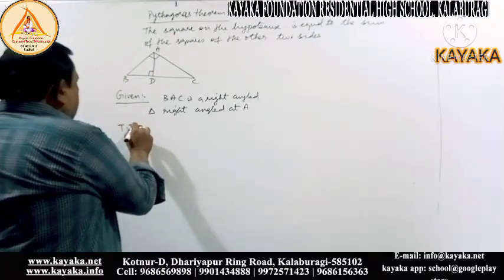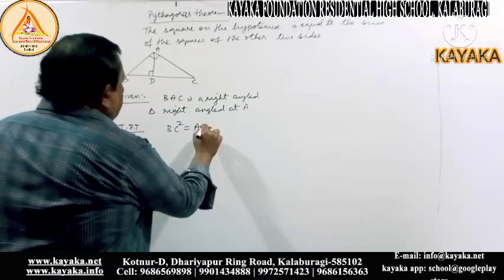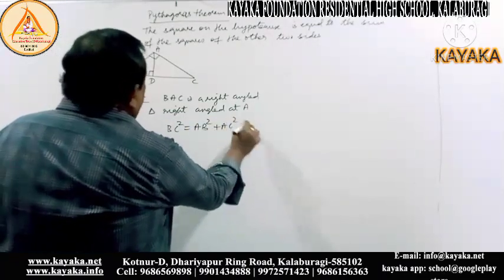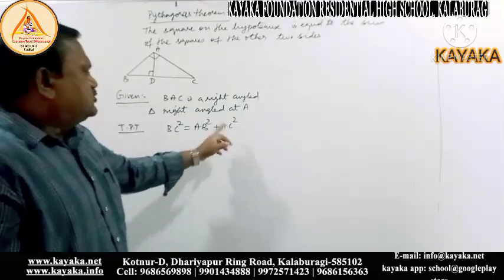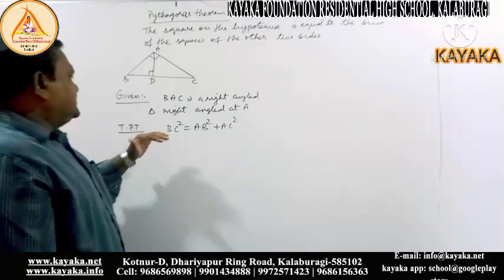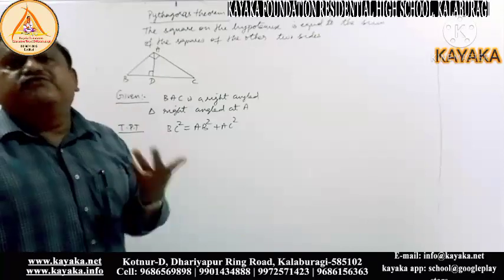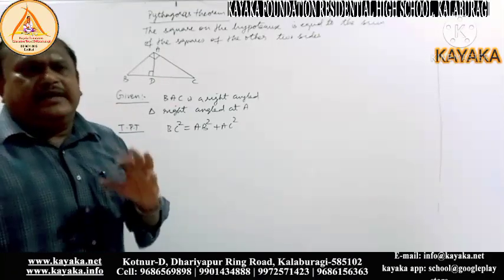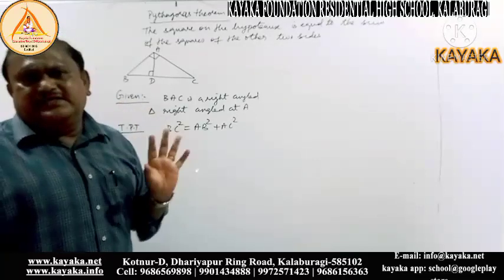To prove that BC square will be equal to AB square plus AC square. Okay. The square on the hypotenuse is equal to the sum of the squares on the other two sides. That's the statement. Okay. For this theorem, only two steps. Two steps you will get 4 marks. Very easy. If you prove it, you will get 4 marks in the board exam.